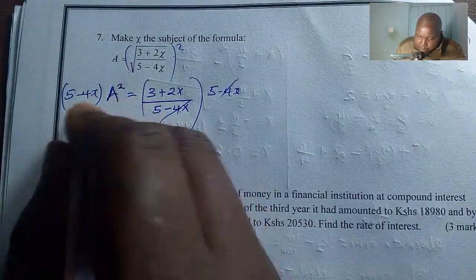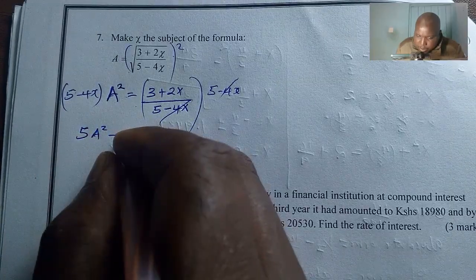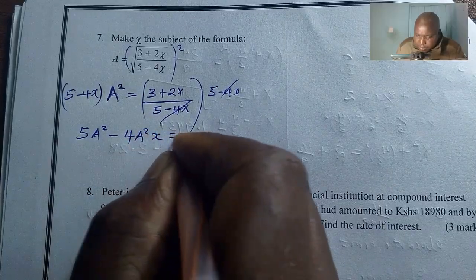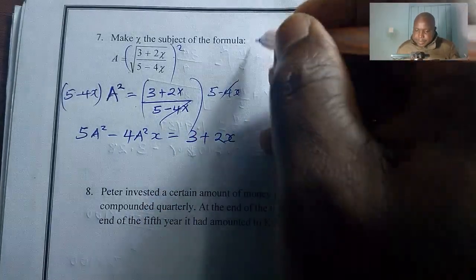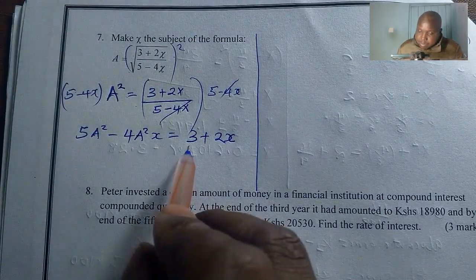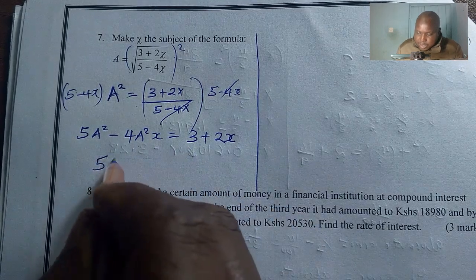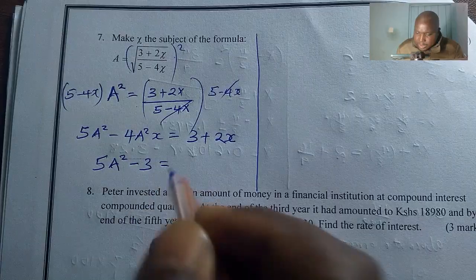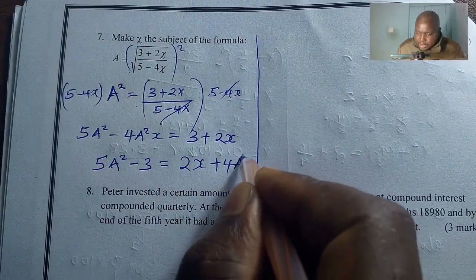So we will have 5a squared minus 4a squared x is equal to 3 plus 2x. Like terms together. So 5a squared minus 3 is equal to 2x plus 4a squared x.